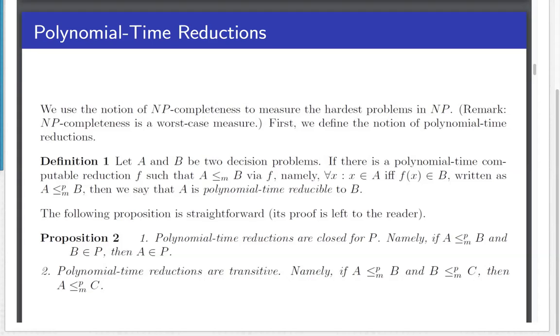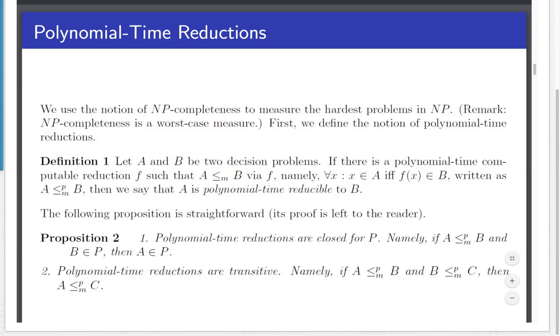That means A is not harder than B, or you can think of it as A is easier than B, because if B is solvable in polynomial time, then A is solvable in polynomial time.